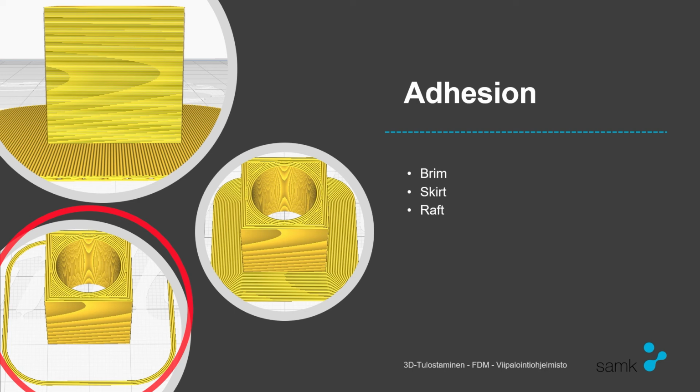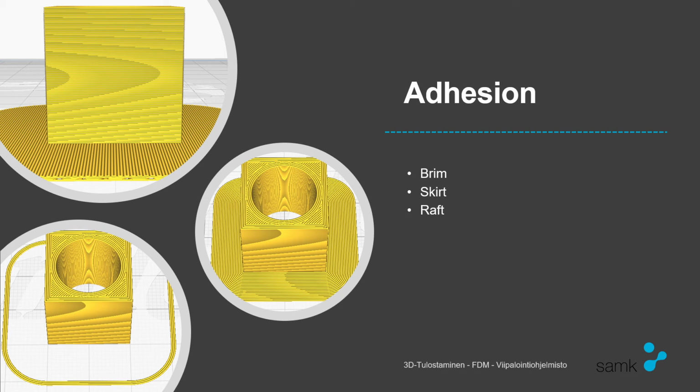And the skirt setting is the image below. There's the part itself, and around it there's empty space, and then 2 centimeters from the part, you can see 3 lines of material. That's the skirt. The skirt's idea is so that you can make sure that the filament is coming out of the printer, and you can do your final bed leveling adjustments there.